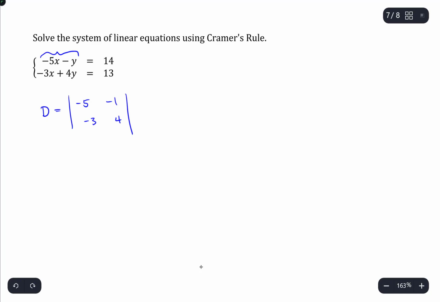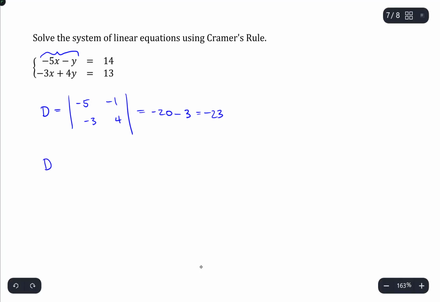So this is matrix D, and the determinant of that, we'll just use the 2 by 2 method. So -5 times 4 is -20. Then minus the product, -1 times -3, which is 3. So that's -23.